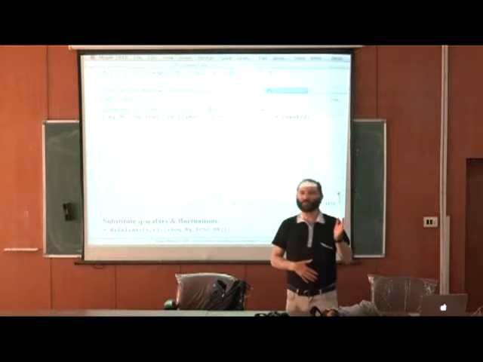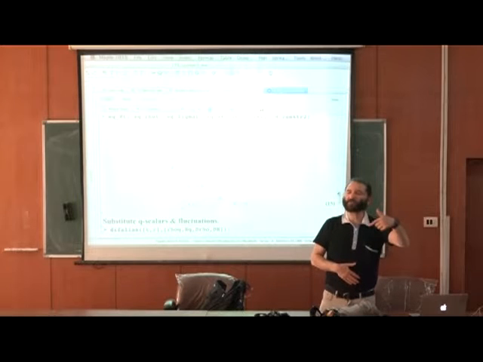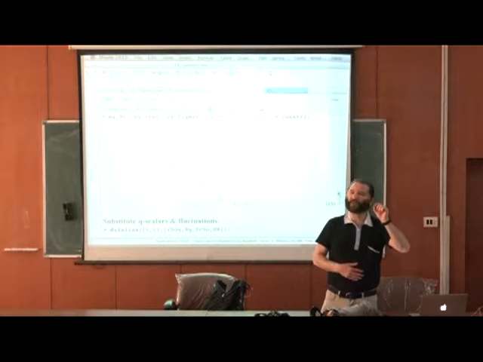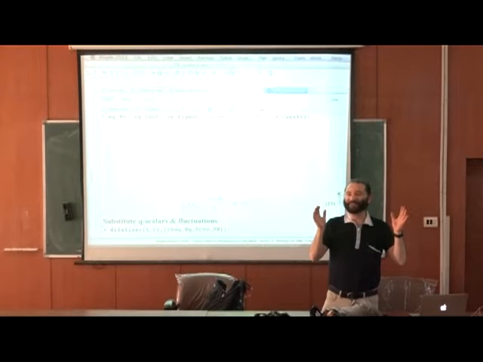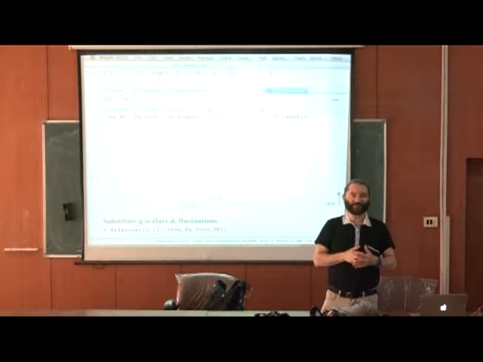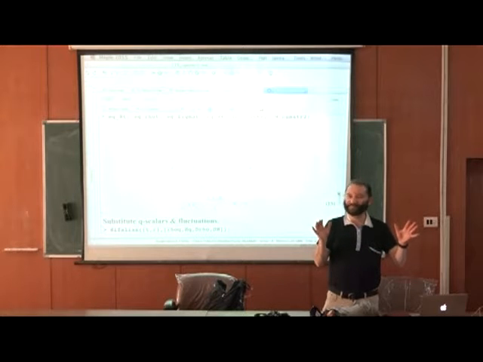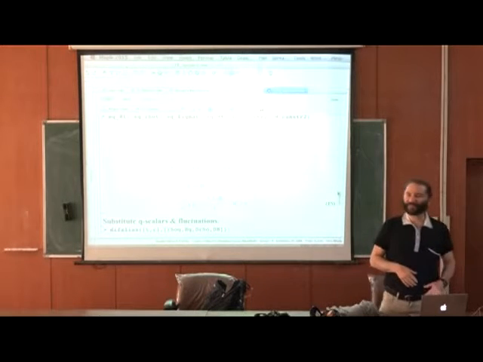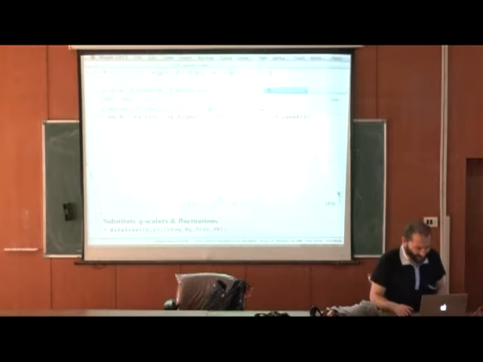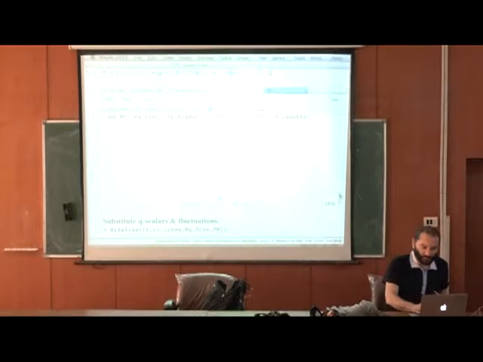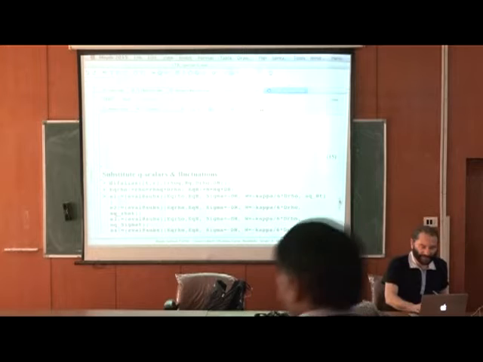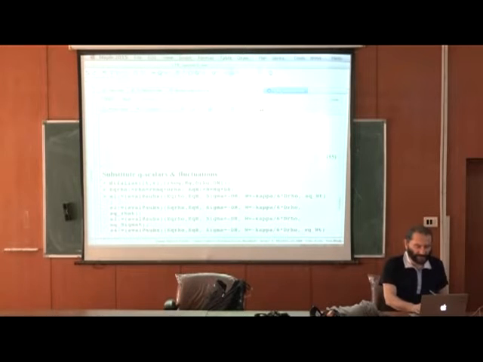So what we're going to do now is to substitute the Q scalar and the fluctuations, right? And then the system will magically simplify. It was complicated to do it because of an idiotic error I made, but now you'll see how simple it is, right? How wonderfully simple it is. Okay, so first we declare the scalars.